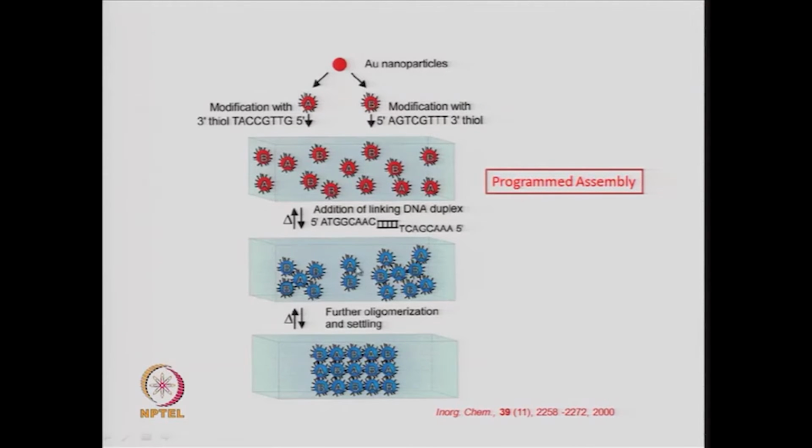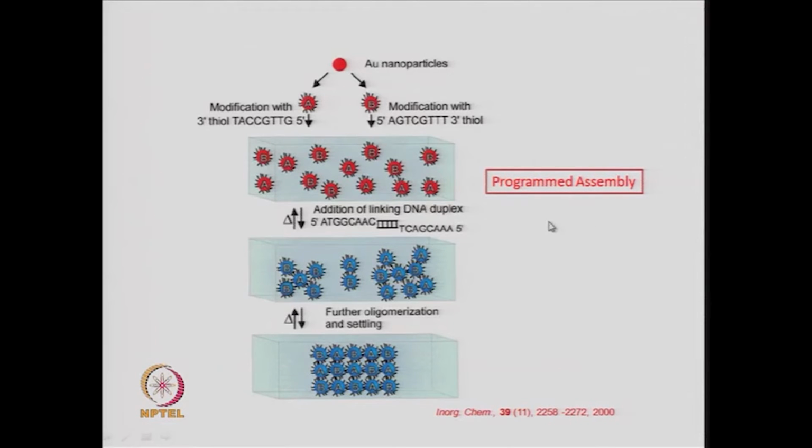So, you will now have complexes of A and B, and still some functionalities will be free to bind. When those bindings occur, you will have further oligomerization and you will get an ordered structure.